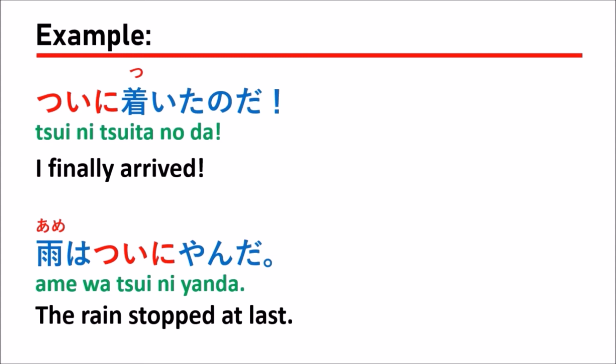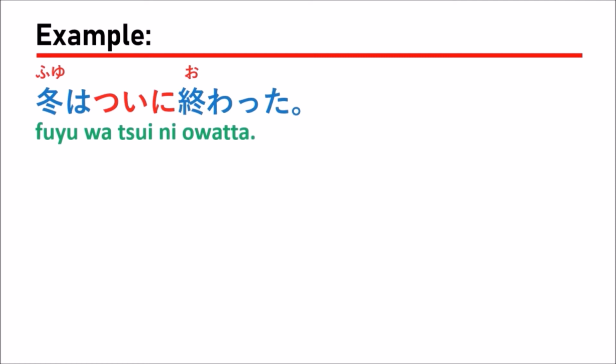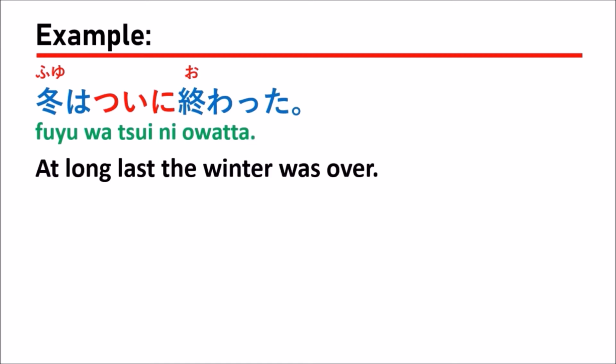So it's the game of nature. When the rain finally stops, you can say ついにやんだ. The next example is 冬はついに終わった, which means at long last the winter was over.